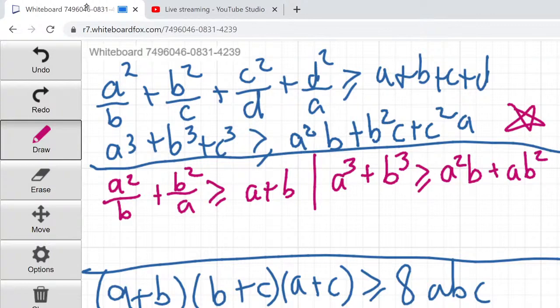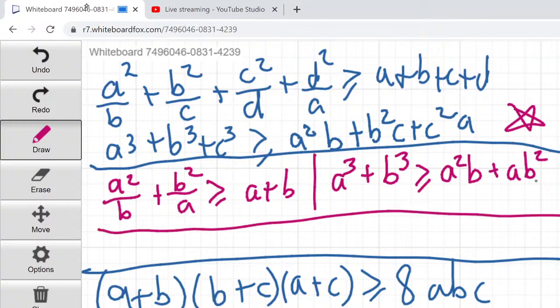And I guess the crazy thing about this is, so one thing you can think about is, maybe can you prove that a cubed plus b cubed is greater than a squared b, right? Can you prove a cubed plus b cubed is greater than or equal to a squared b?